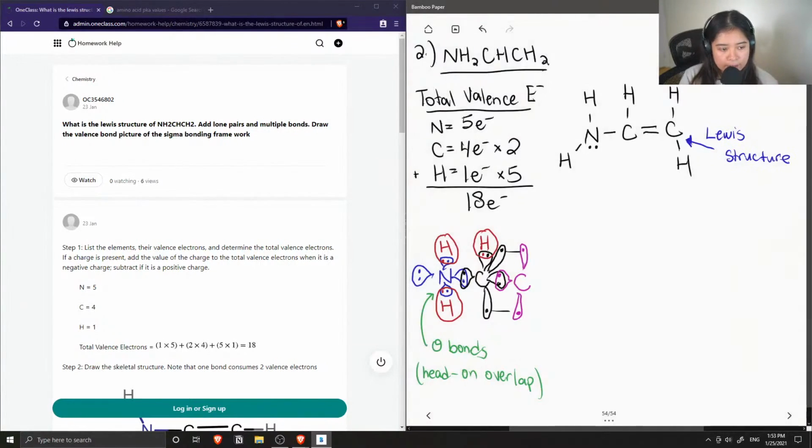They're connected like this, and we can label this bond as a pi bond. This is when you have side by side overlap.